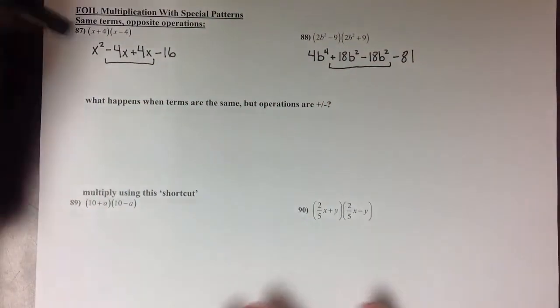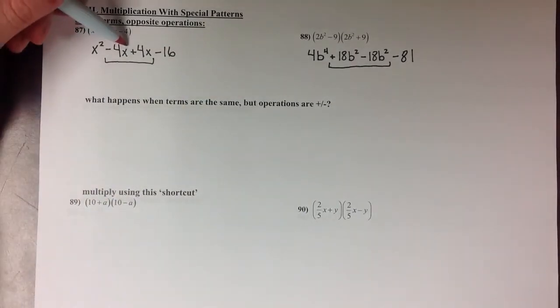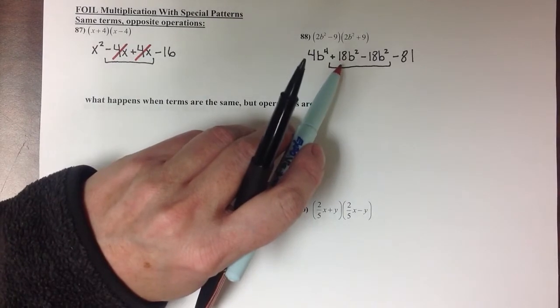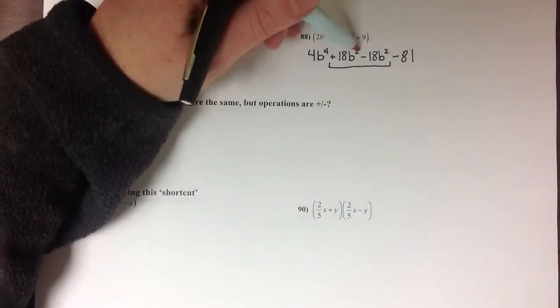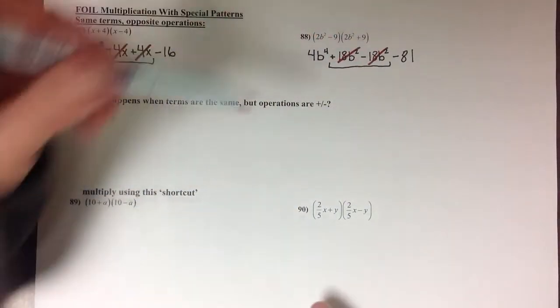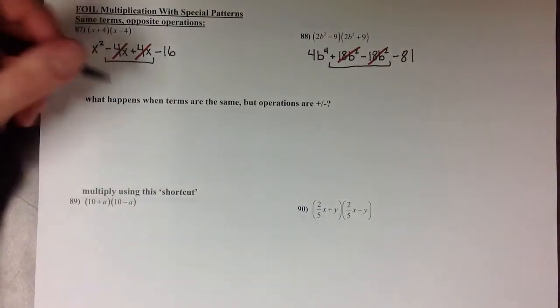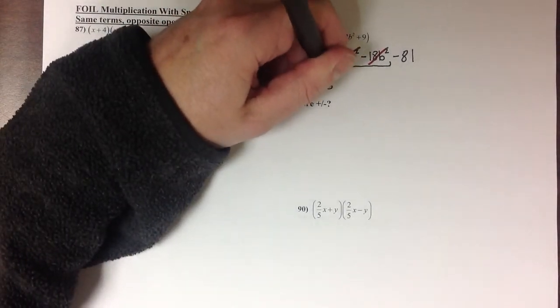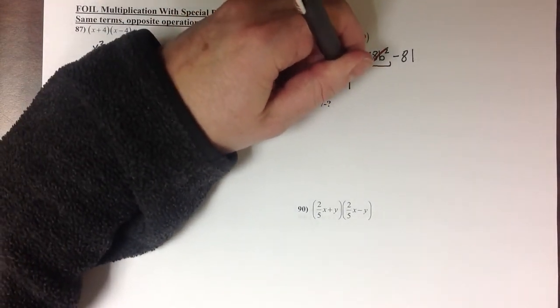These center terms, minus 4x plus 4x, or plus 18b squared minus 18b squared, end up canceling each other out. So we're left with just x squared minus 16 and 4b to the 4th minus 81.